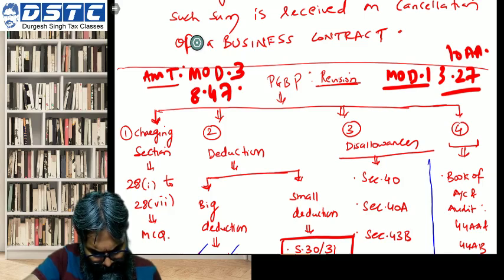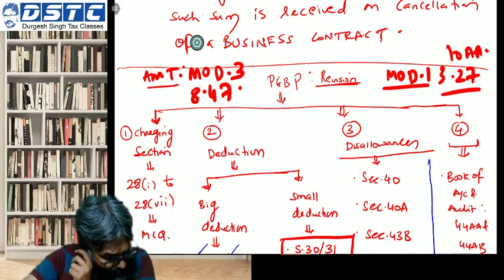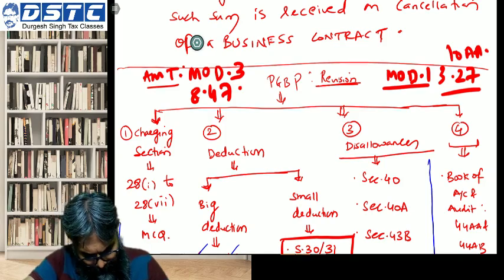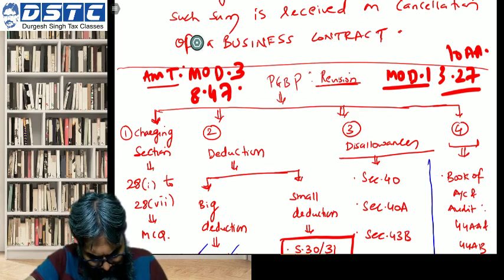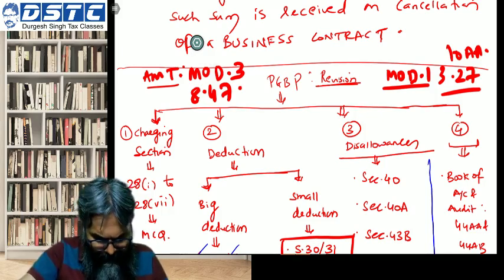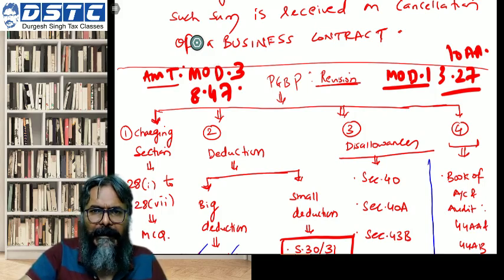Economics timing? 7 a.m. to 9 a.m. Economics tomorrow. 7 to 9. Fine. So I think 10 o'clock would be perfect for me to resume the income tax. You have economics in the morning, and then I'll start with the income tax at 10 o'clock.